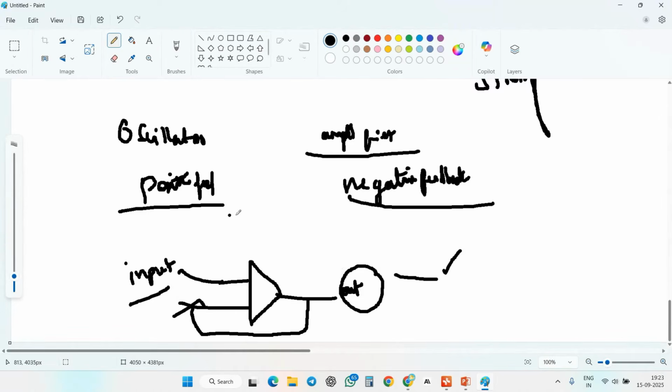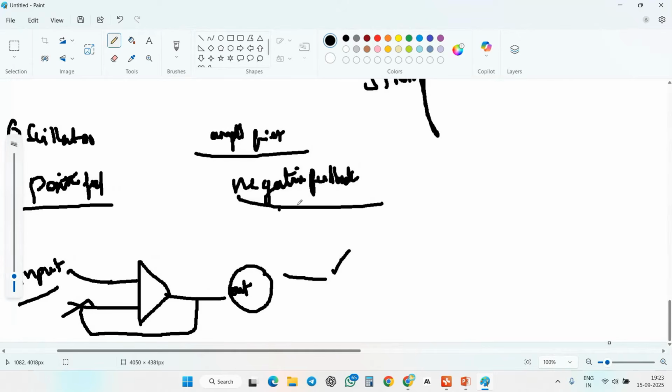But what is positive feedback and what is negative feedback? Negative feedback means if you give the input with 0-degree phase shift, this is your input signal, producing a voltage signal, but the output will be reversed. That means a 180-degree phase shift.